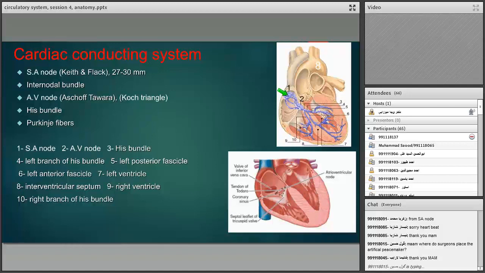So the surgeon will place a pacemaker beside the SA node. Yes, we call them arrhythmias, because it doesn't have a normal rhythm.